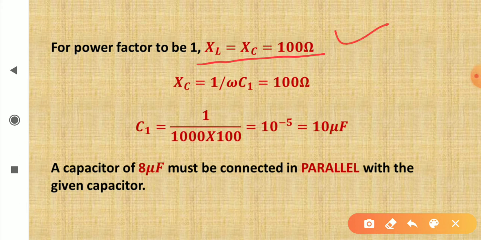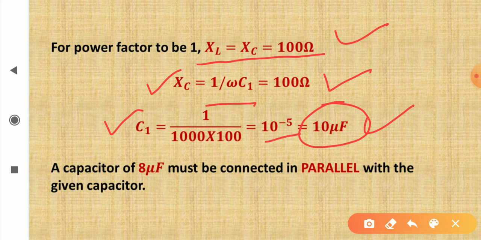So new reactance of capacitor should be 1 upon omega C1, that should be equal to 100 ohm. From here, take C1 on one side and simplify it. You get 10 to the power minus 5 farad, or it should be equal to 10 microfarad.